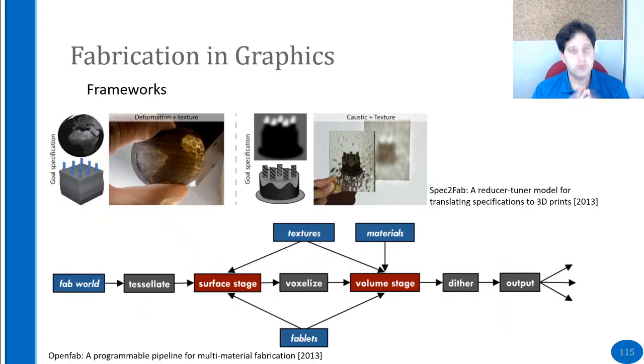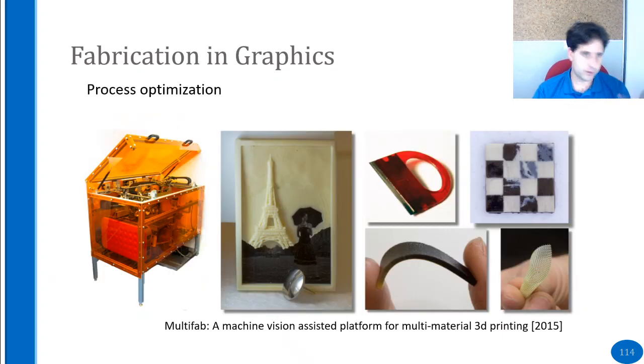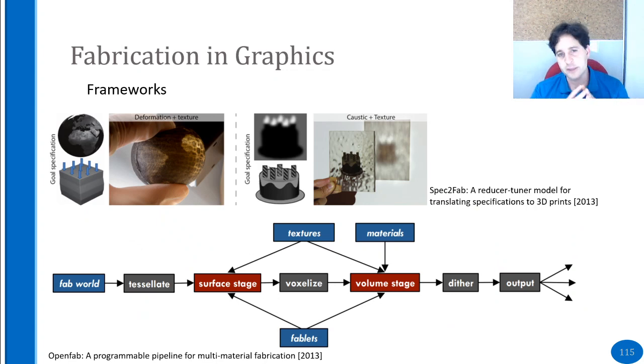Another type of work, so that's the only work of this type that I'm going to talk about. And another type of work which I find very important are general frameworks. Works that try not to solve a specific problem, but to make the job easier for upcoming works to solve problems.